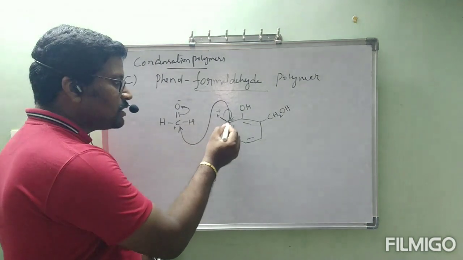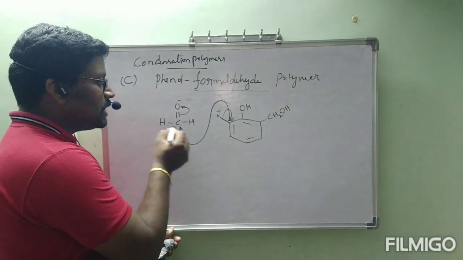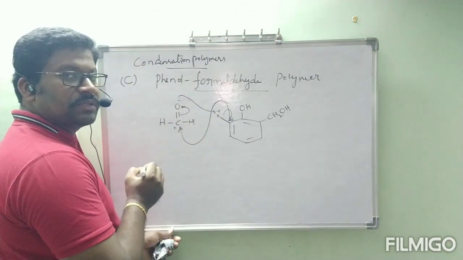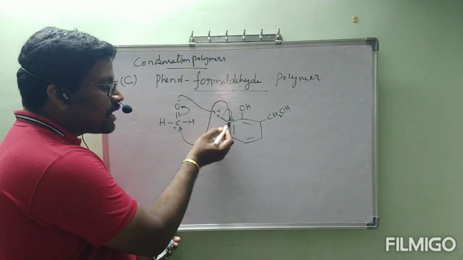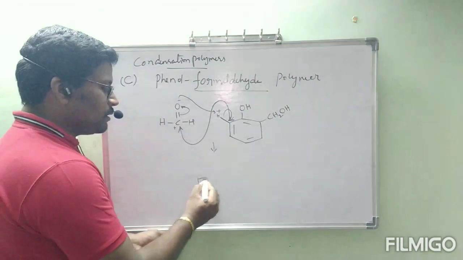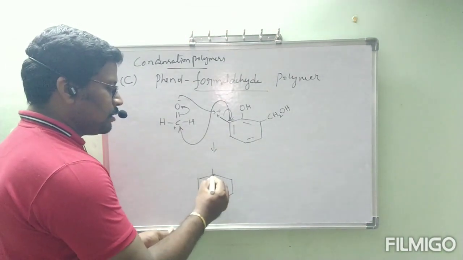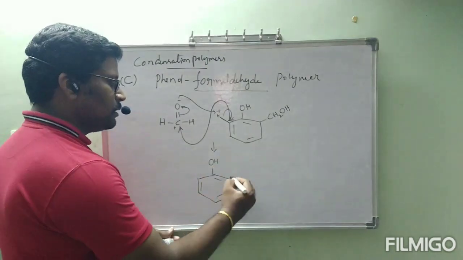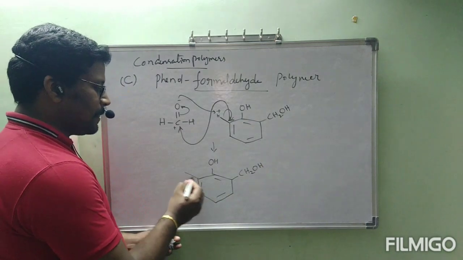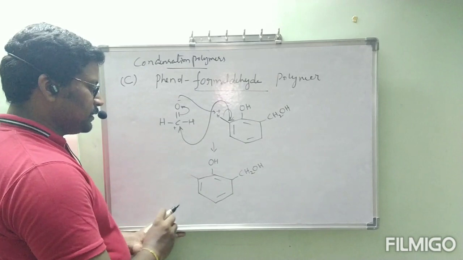This carbon which got negative charge is going to attack this carbon. Then this O minus will attack this H plus to be formed as OH. So this carbon and this carbon will form a bond. Now we will get a benzene ring, OH, in ortho position CH2OH, in another ortho position CH2OH.